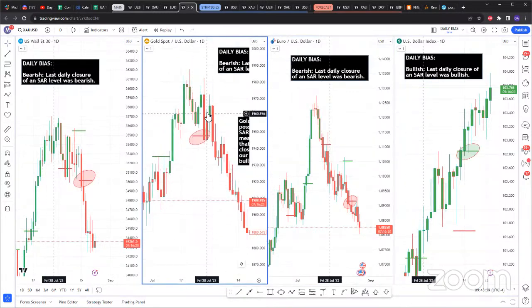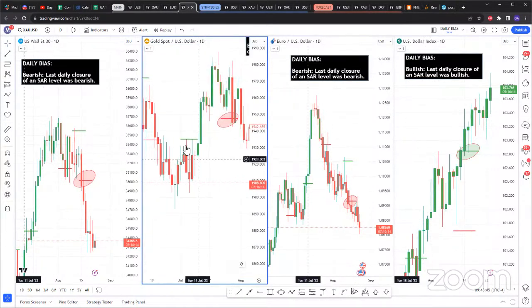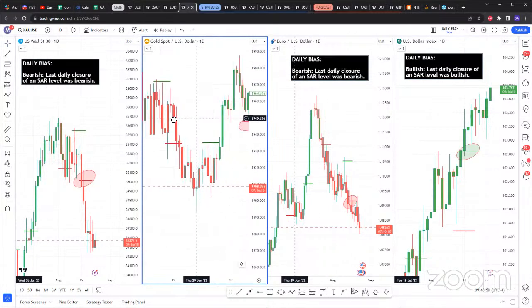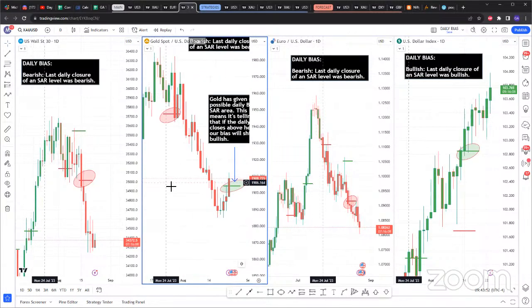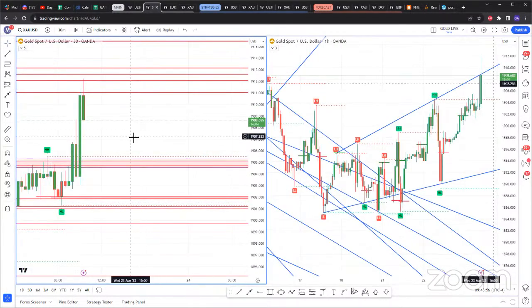In the past, when gold closed below this daily sell SAR, it did retrace back up. When it closed above this bullish SAR, it did not retrace back up. So you should always ask yourself, what's the probability?